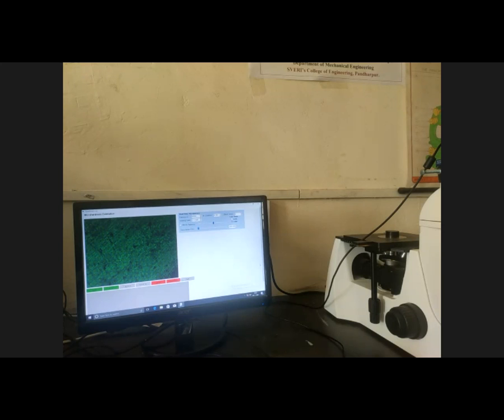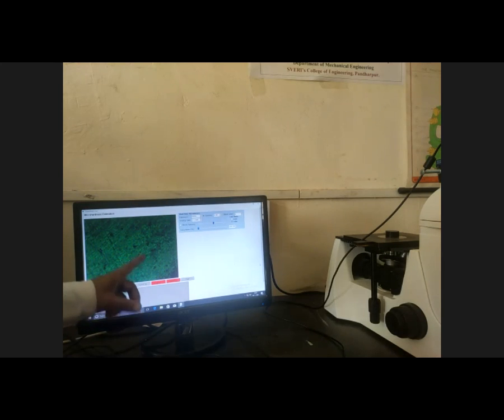The dark region is the gray cast iron, and the remaining part is the white structure. The dark region shows fine graphite flakes. So this is the malleable cast iron, a combination of gray cast iron and white cast iron.